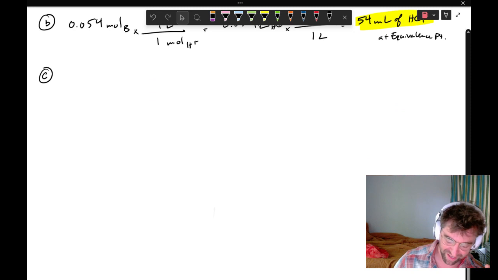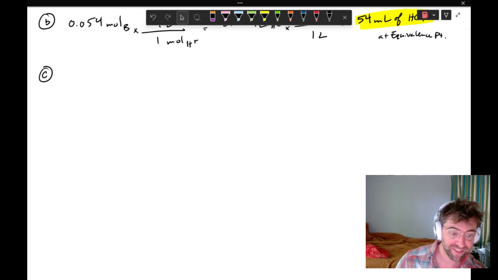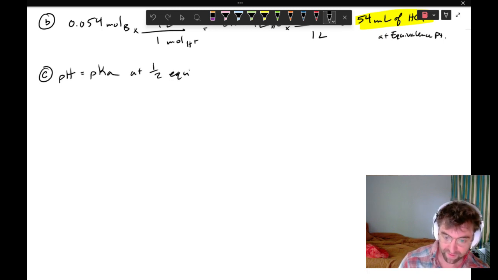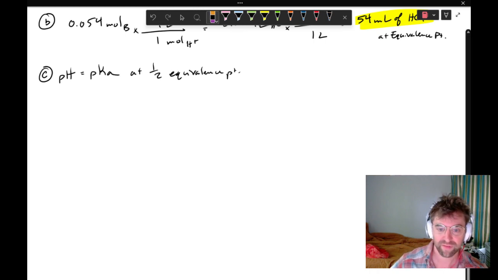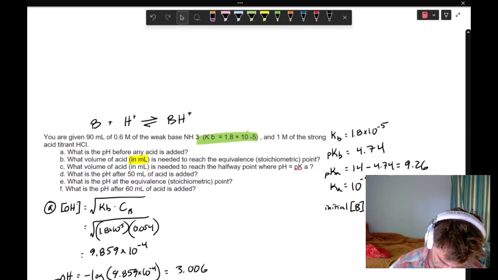They love using that question as a way of finding out if you understand titrations and the various equivalence points. So pH equals pKa at the half equivalence point. Let me make sure that's actually, yeah.